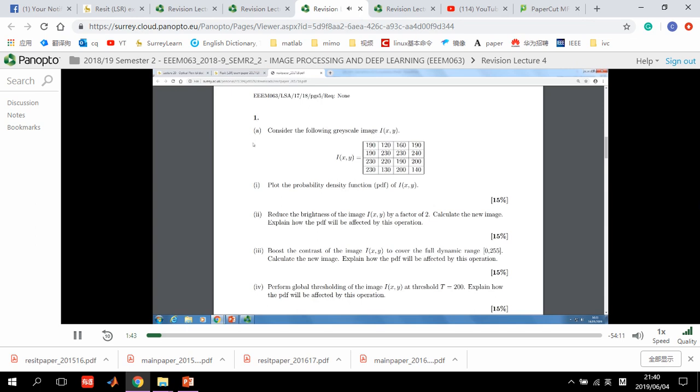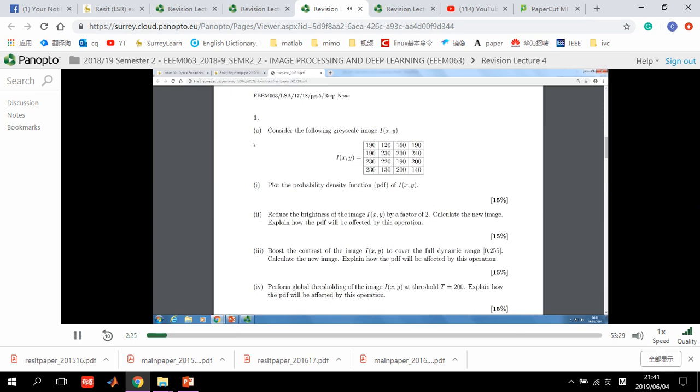One lot of 120, 130 and 140. Got one lot of 160. Four lots of 190. Two lots of 200. One lot of 220, four lots of 230, so something like that.